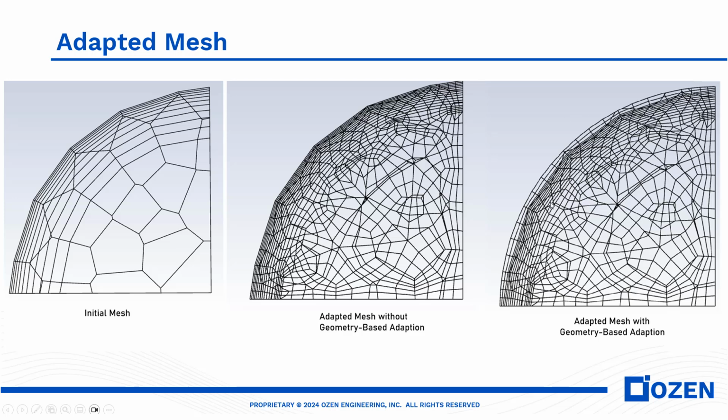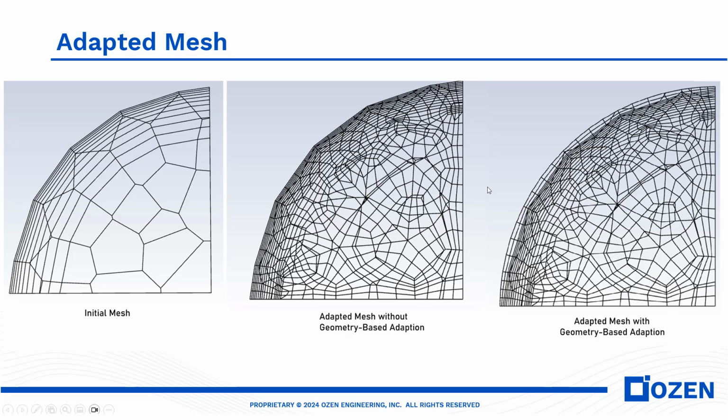This is what I showed you in the first part of the video. In the second part, I showed you how to set up the geometry based mesh adaptation by using the auxiliary geometry. Now you can see that between the initial nodes I have added nodes in a way that reconstructs or resembles the original geometry, for example at the curvature here, at the curved boundaries.